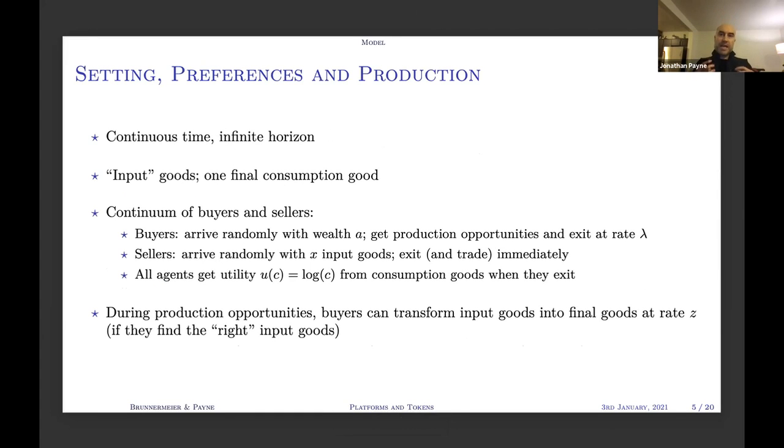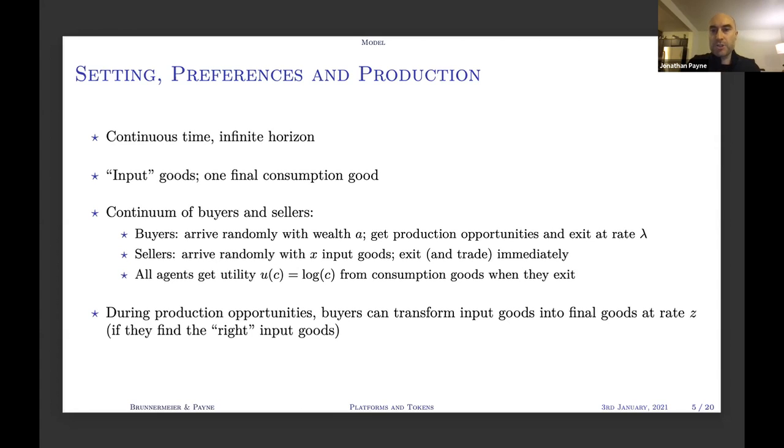So with that in mind, let's get into the model. It's going to be a continuous time, infinite horizon environment. And there are going to be different kinds of goods. So there are input goods, and there's one final consumption good. Then there are a continuum of buyers and sellers arriving in the economy with different endowments. So there are buyers that arrive randomly with wealth, and they live, and then they get production opportunities.